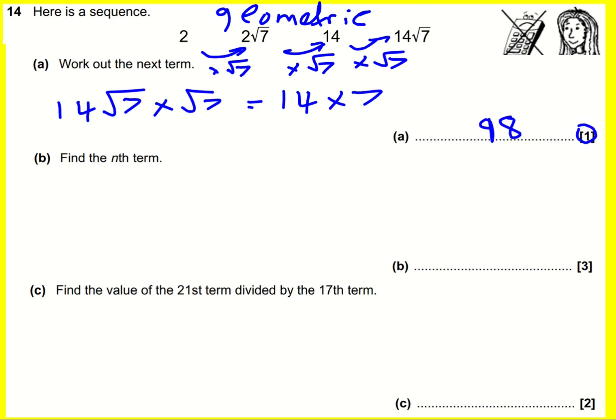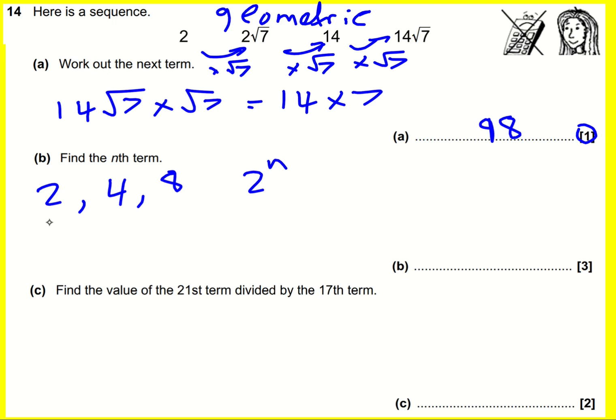Okay, the next one, the harder one, is find the nth term. For expressions like this, when you're multiplying, if I was going to multiply by 2 every time, starting with 2, 4, 8, then this would be 2 to the power of n, because it's 2 to the power 1, 2 to the power 2, 2 to the power 3.